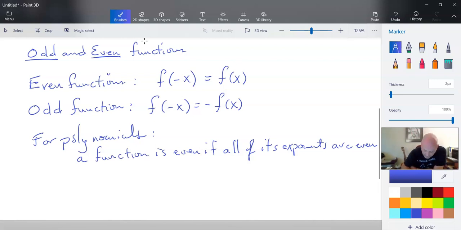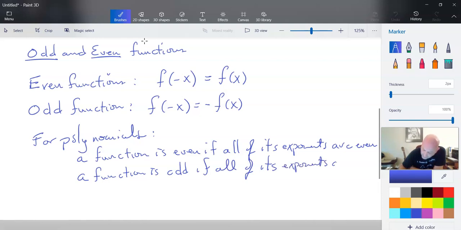And I didn't write it down yet, but a function is odd if all of its exponents are odd.